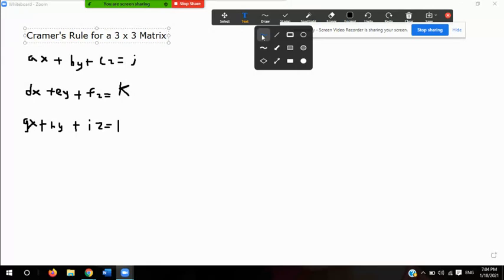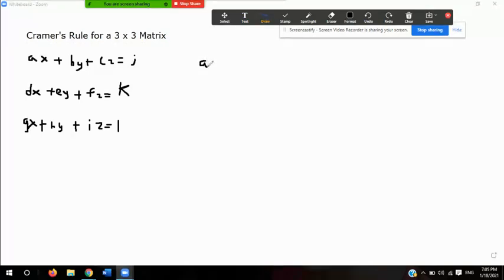If we were going to look for the coefficient matrix, it would be A, B, C; D, E, F; G, H, I. So basically, we would find the determinant of this, and then we would find x, y, and z.